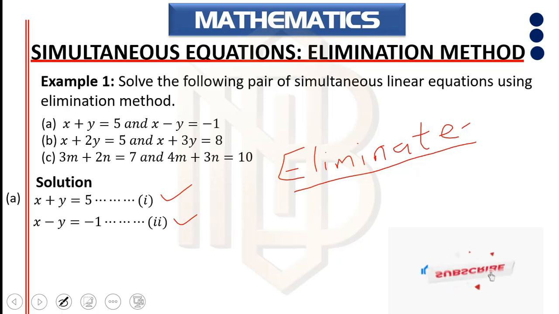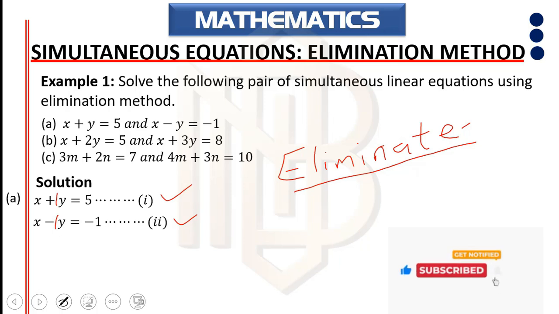Depending on the variable we decide to eliminate, for instance, if I want to eliminate y, the coefficient of the variable we are trying to eliminate already has a different sign but the same numerical value. This is 1 and this is also 1, so that's plus 1 and minus 1.